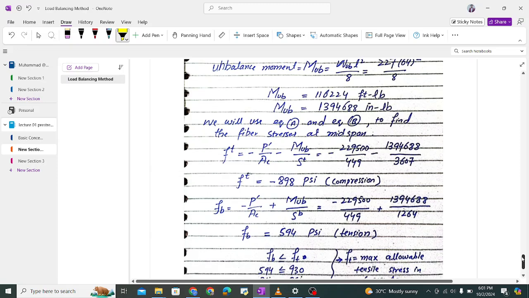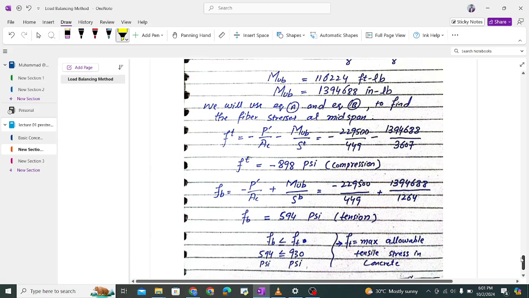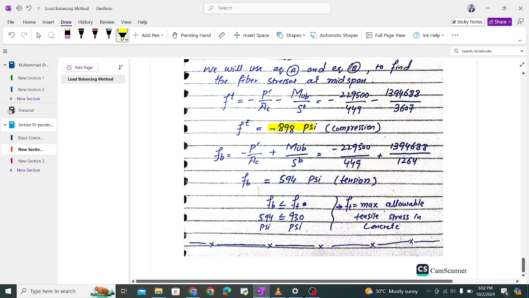Just put the values and we get the extreme fiber stresses at top, which is in compression, and extreme bottom stresses at midspan, which are in tension. Yes, definitely the bottom will be in tension.